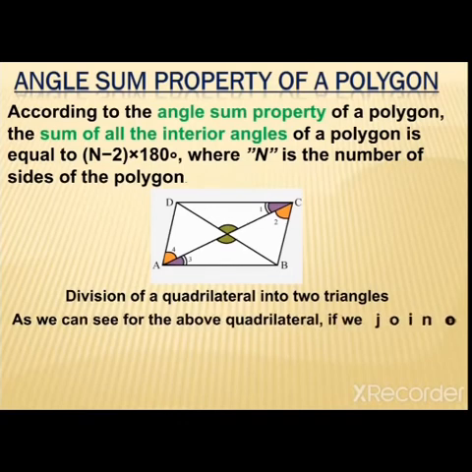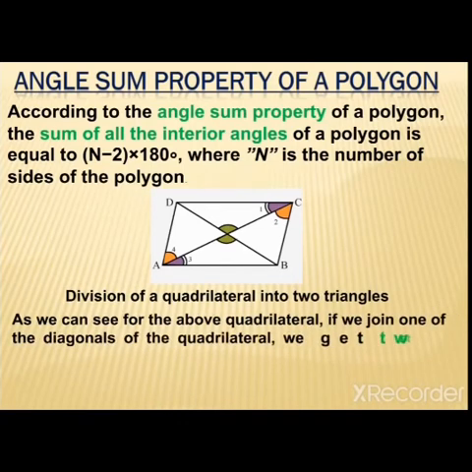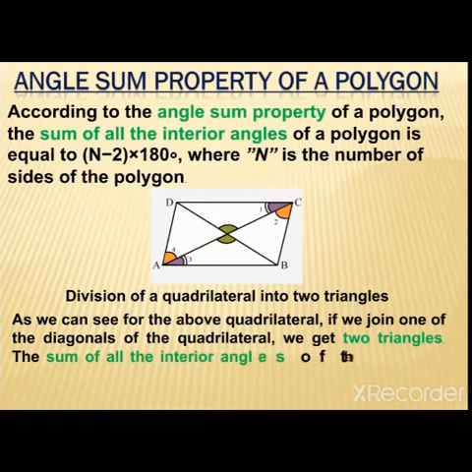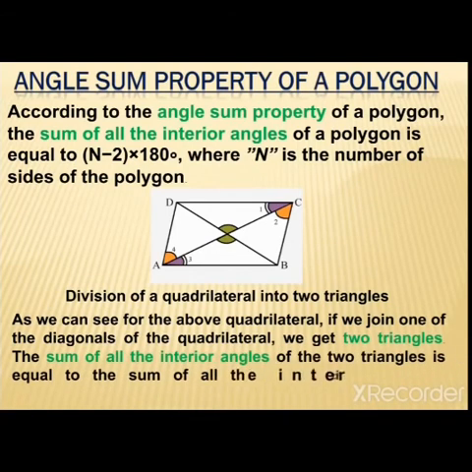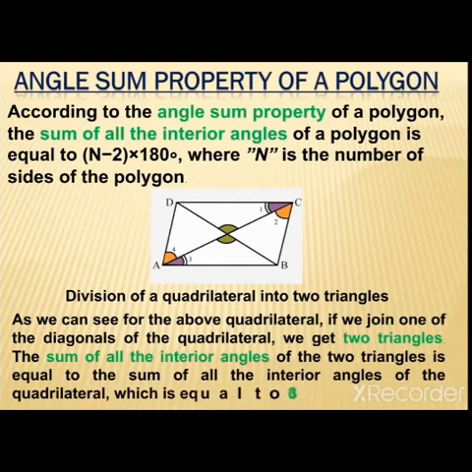As we can see for the above quadrilateral, if we join one diagonal, we get 2 triangles. The sum of all the interior angles of the 2 triangles is equal to the sum of all the interior angles of the quadrilateral, which is equal to 360 degrees.